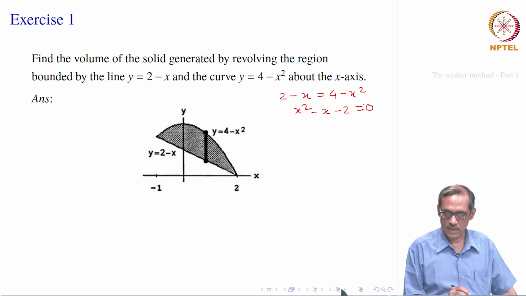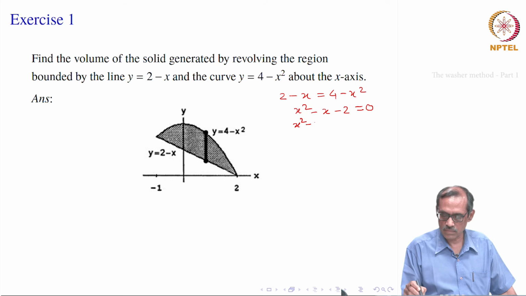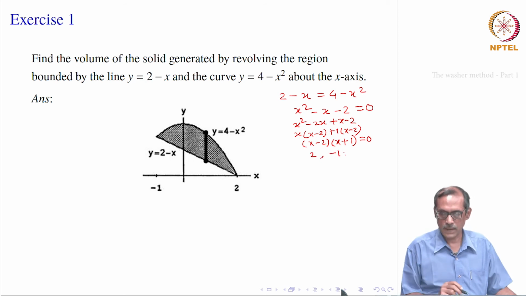So, you can take x square minus 2x plus x minus 2. You can factorize now: x into x minus 2 plus 1 into x minus 2, or x minus 2 into x plus 1 equal to 0. That gives us the points x equal to 2 and x equal to minus 1.